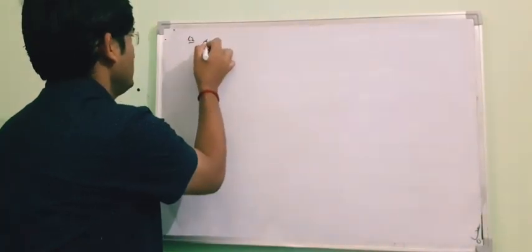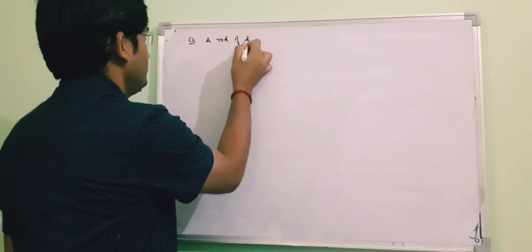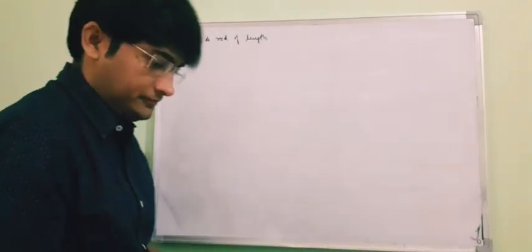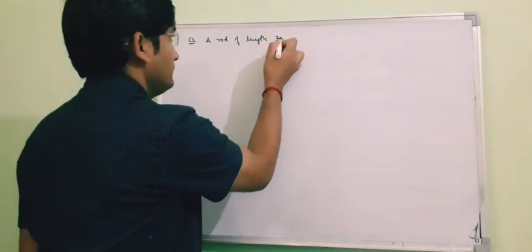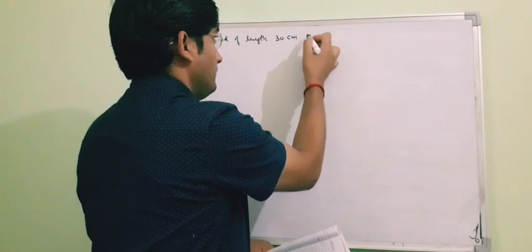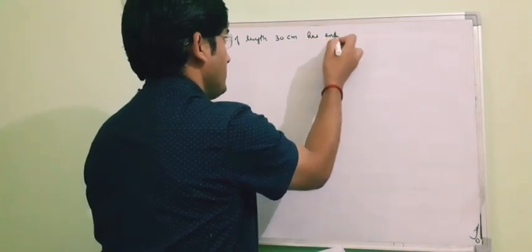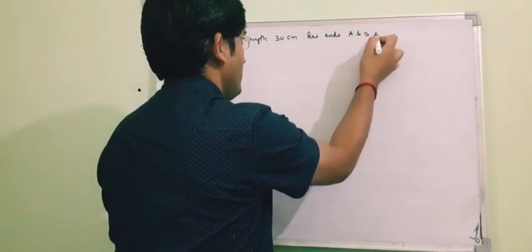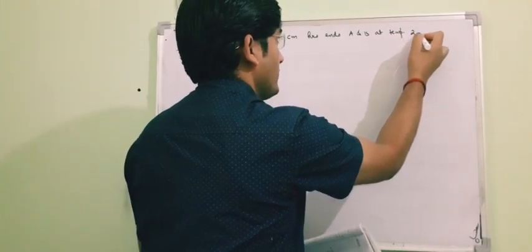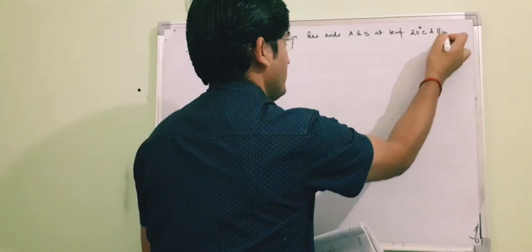Question: a rod of length say 30 centimeter has ends A and B at temperature 20 degrees centigrade and 80 degrees centigrade respectively.